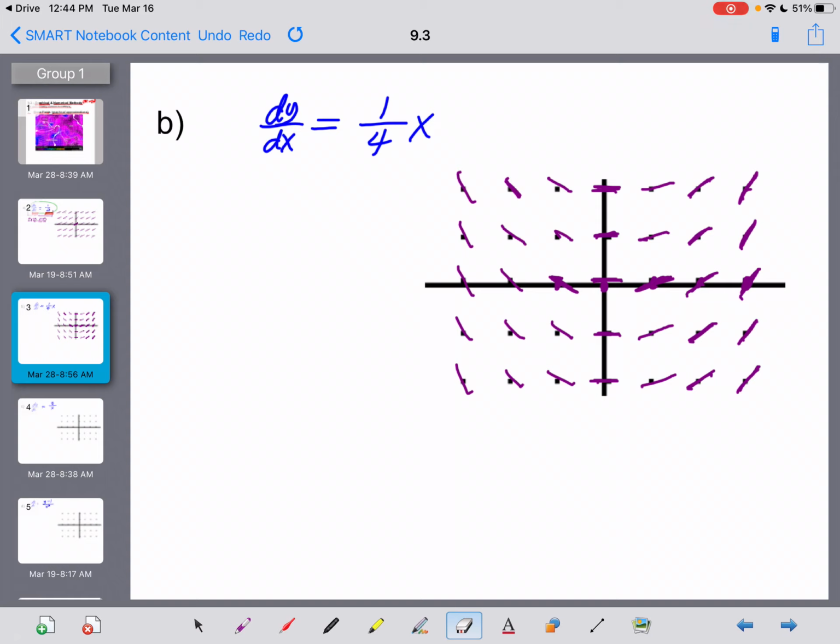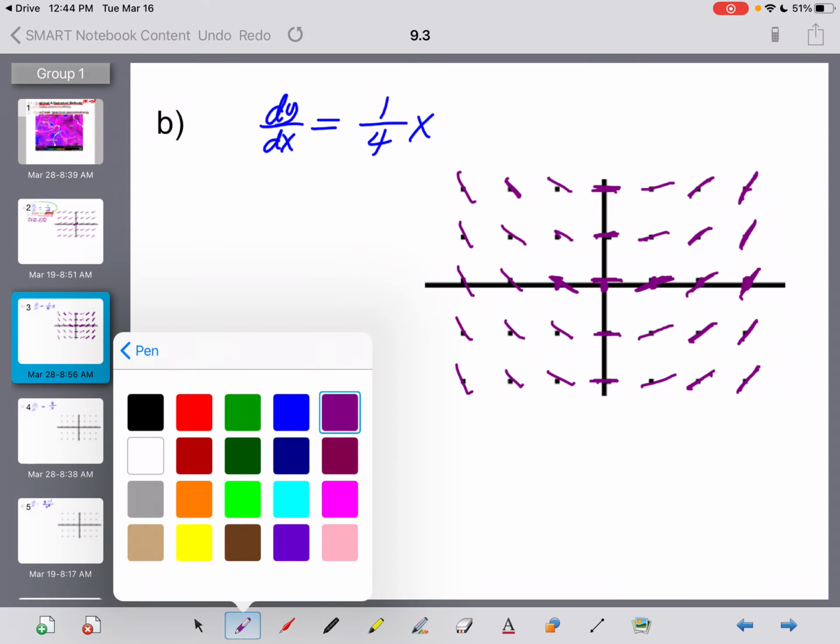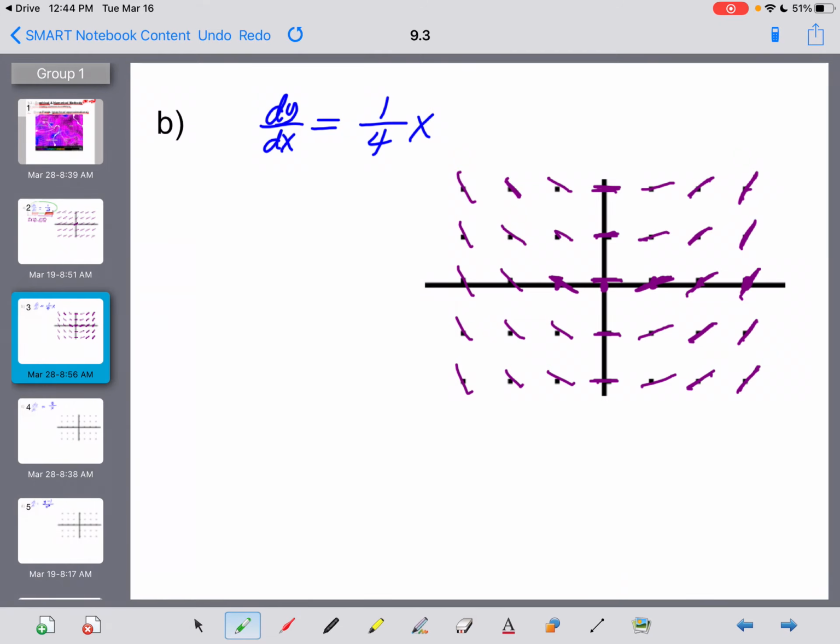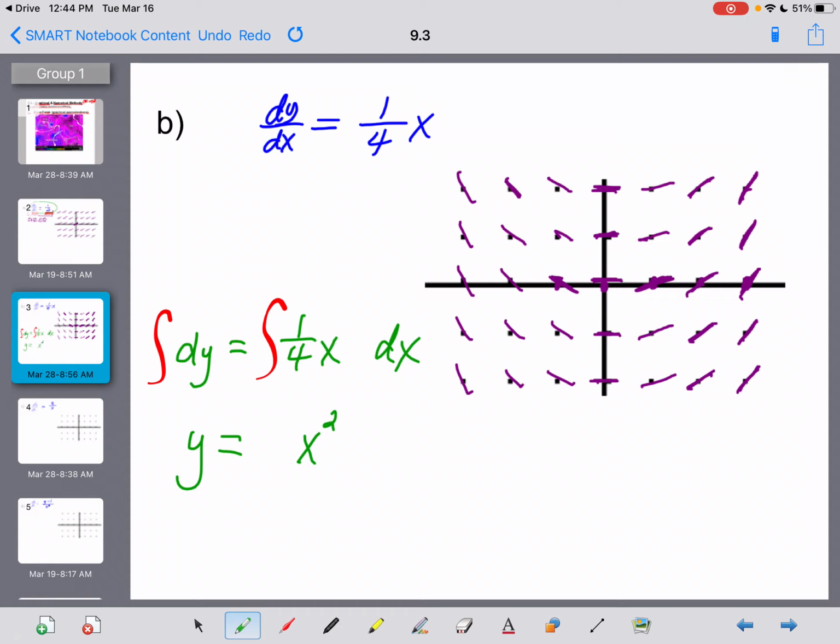Now again, we are done with example B, but if you cared, this is another Diffie-Q that we could solve. Again, I'd separate my variables here and get dy is equal to 1/4 x dx. We would anti-differentiate both sides, and we would get y equals, oh boy, we have to increase the exponent by 1, that's an x squared, and then divide by that new exponent. 1/4 divided by 2 is going to be 1/8 x squared, and a plus c at the end.